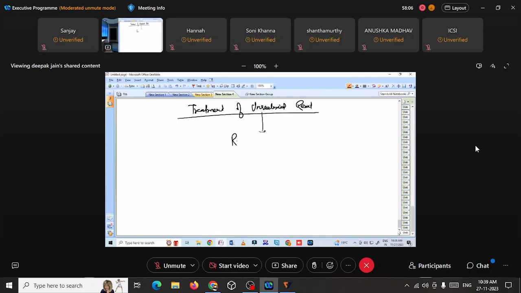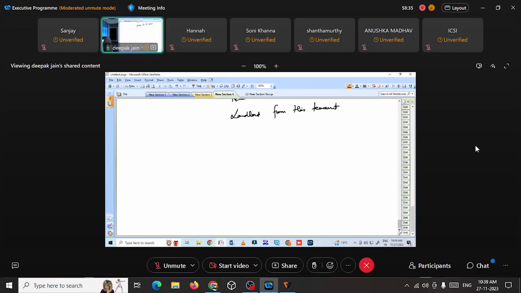Rent which could not be recovered by the landlord from his tenant. Such rent is known as unrealized rent. So what is the tax treatment of unrealized rent?